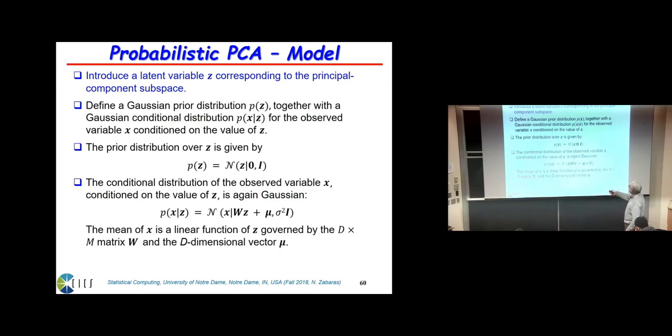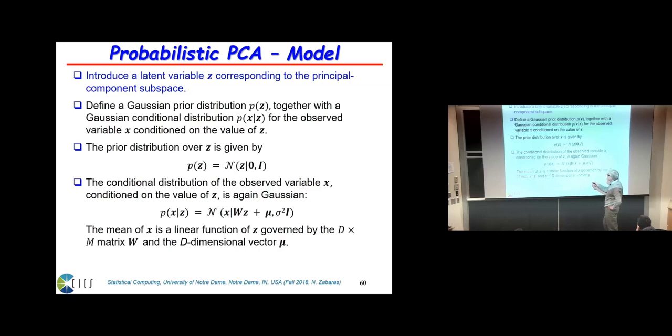So we are going to start with some latent variables z, and I'm going to take the simplest possible model looking like that. And then for each value of z, with a linear model, we're going to generate x through this generative model, again a Gaussian isotropic noise, and we have a linear model, Wz plus mu, and W again will be of dimensions, if this is dimensionality d, and this is dimensionality m, so this will be d times m.